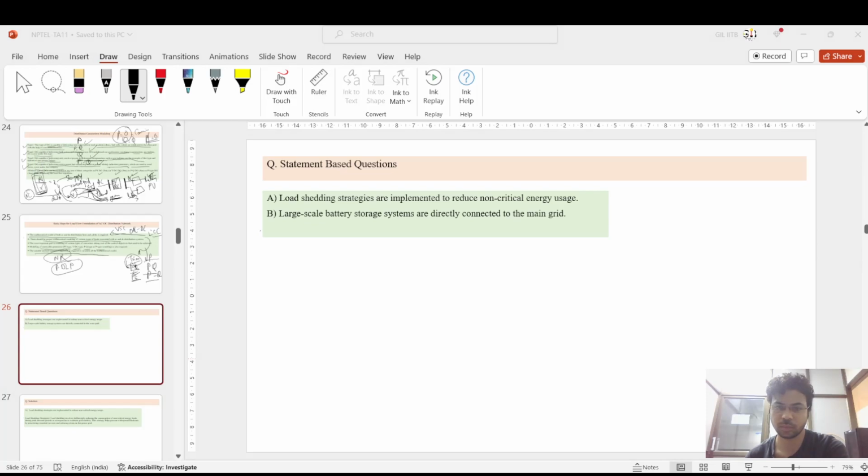Anybody else want to try? I will give only 1 minute for these questions. If you can try, just tell me that statement A is true or A is false, or B is true or B is false. Devend, Shibna, anybody want to try this question?